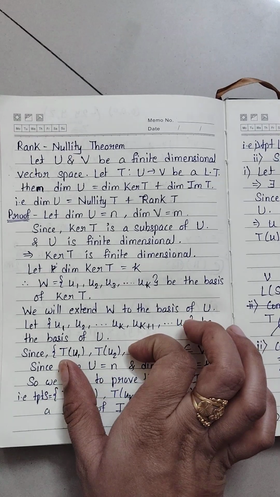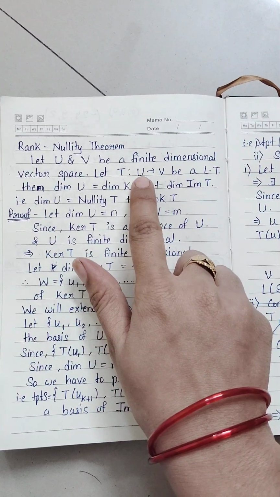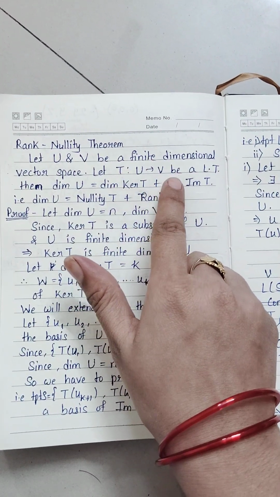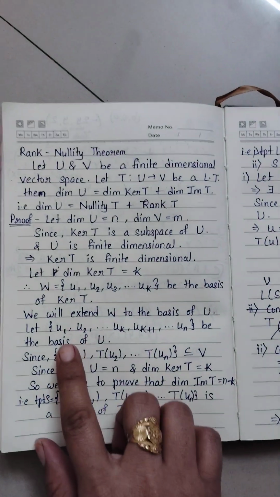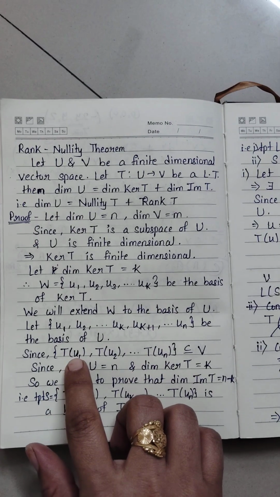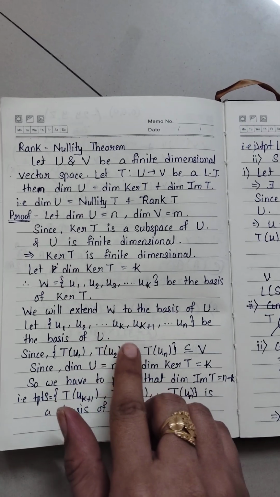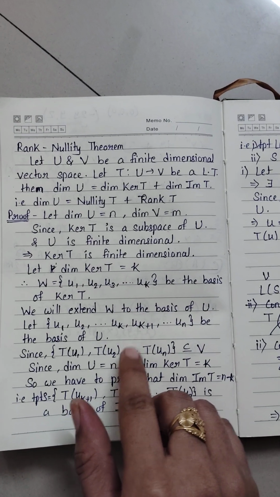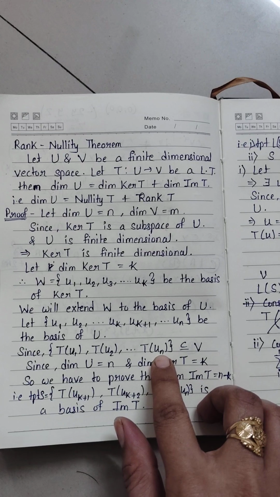Now if you are taking a linear transformation, any element from our domain U will be mapped to an element of V, which is our codomain. So u1 will map to T of u1, u2 will map to T of u2, uk will map to T of uk, and so on, un will map to T of un.